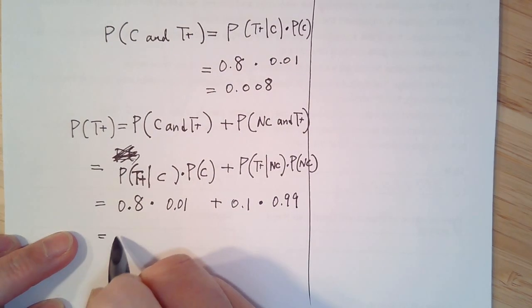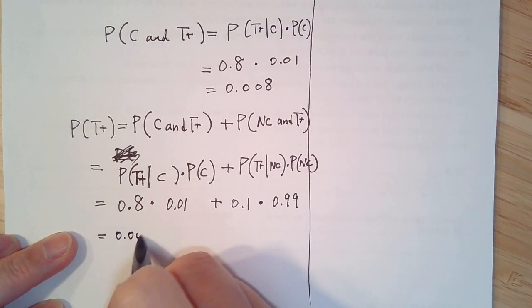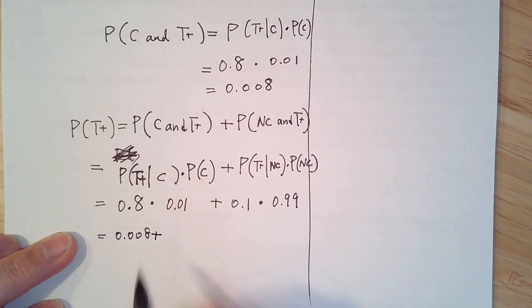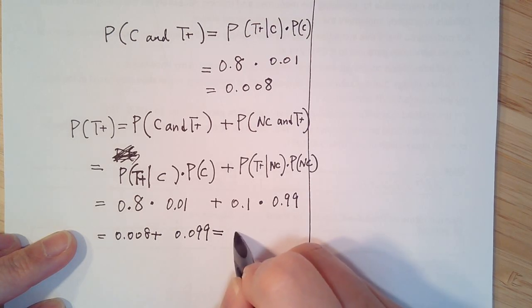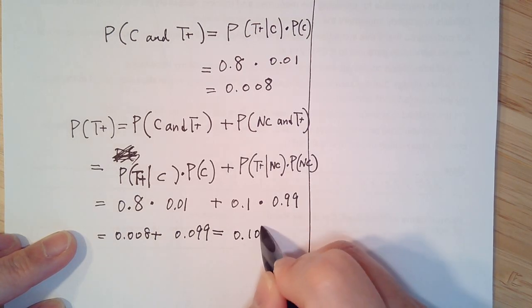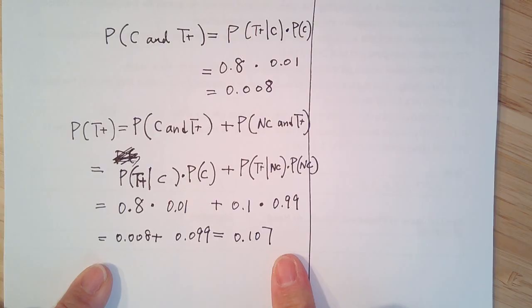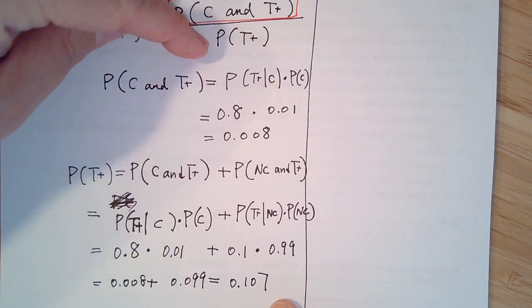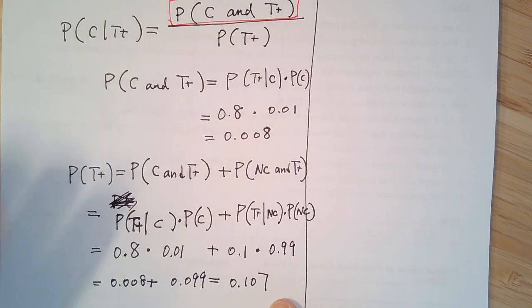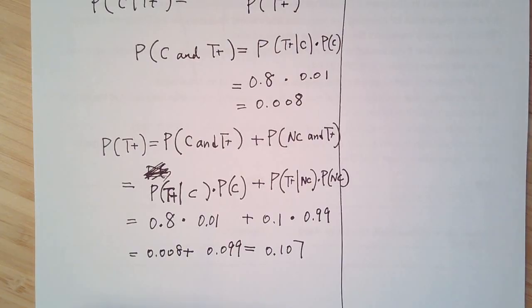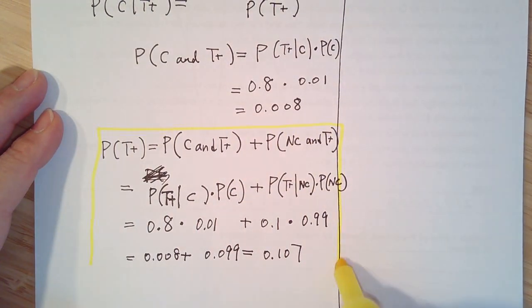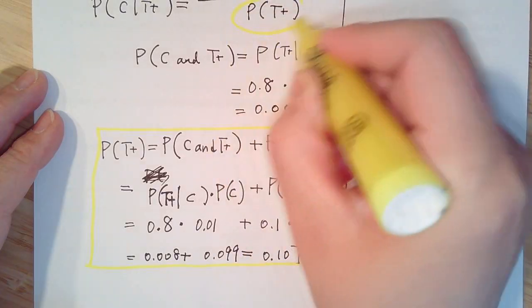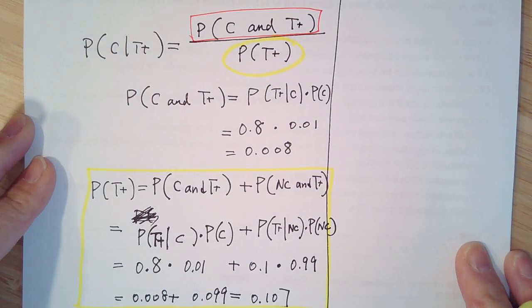All right, now this is 0.008 plus 0.099, and the answer is 0.107. This P of T plus goes to the denominator. Everything in this area is what we're doing for the denominator.